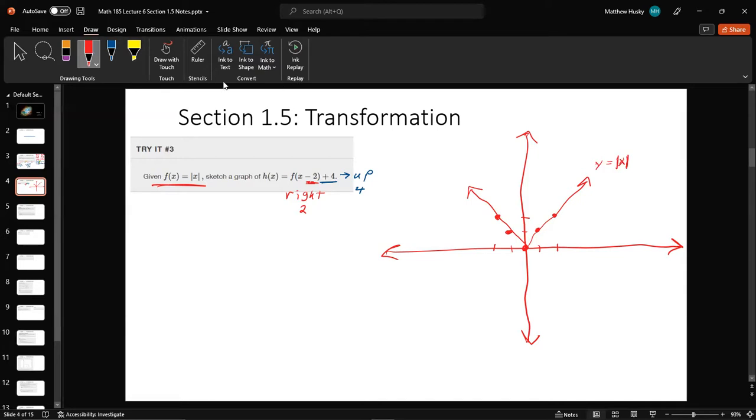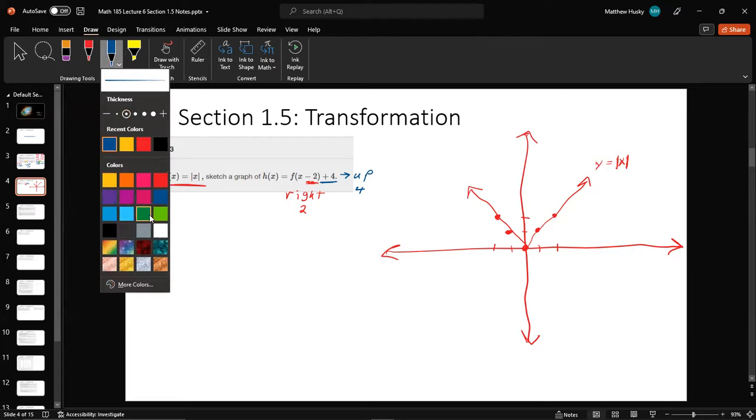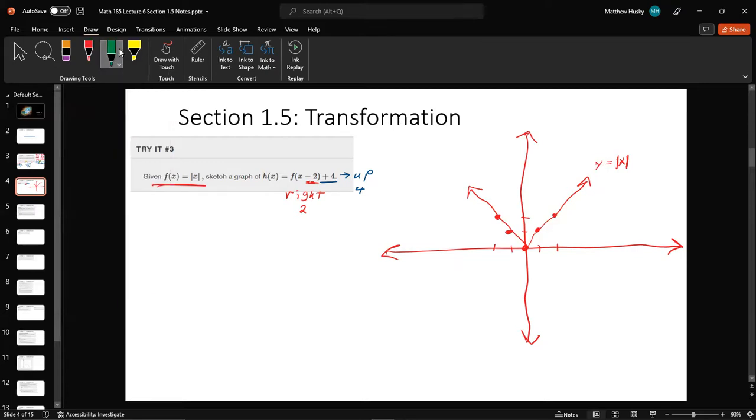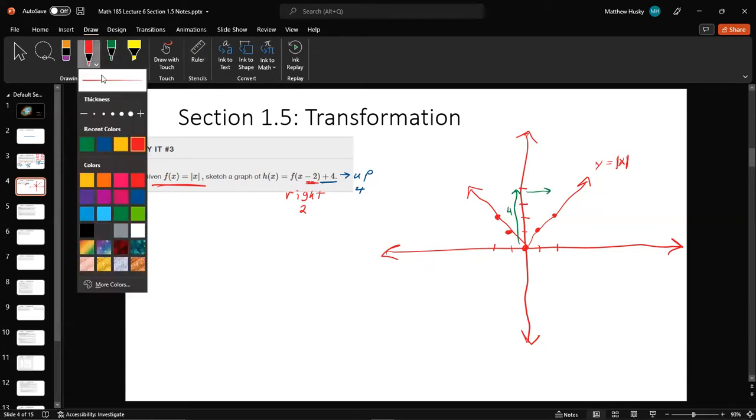So what we would do is we would move this graph. We would need to move it up 4 spots. And then right 2 spots. So if we go up 4, and then if we go right 2, we're going to end up with a new graph.